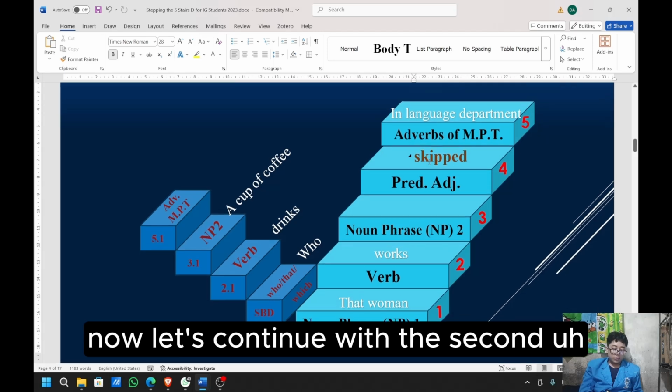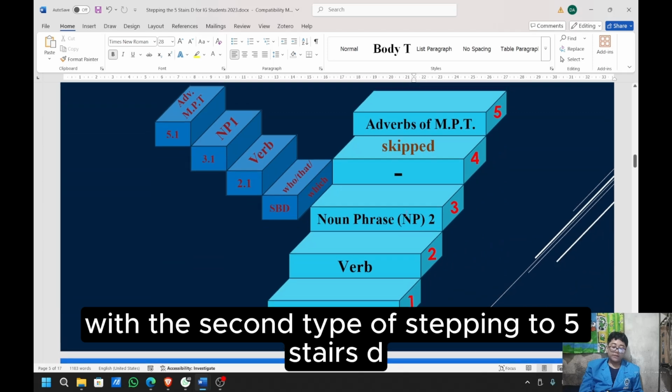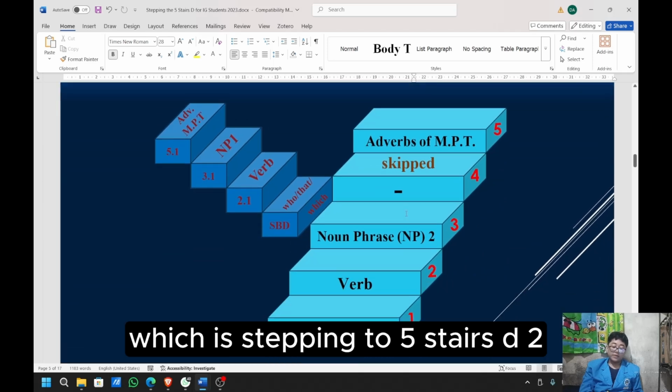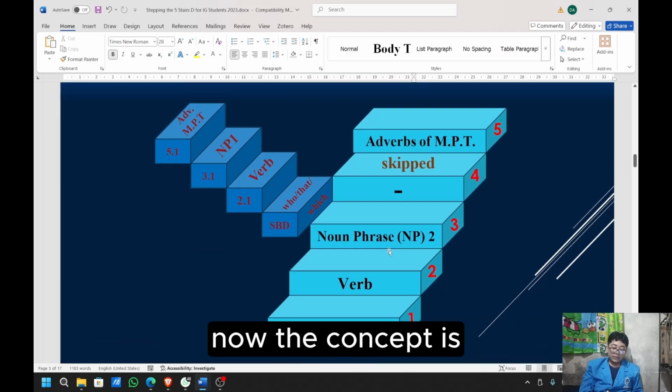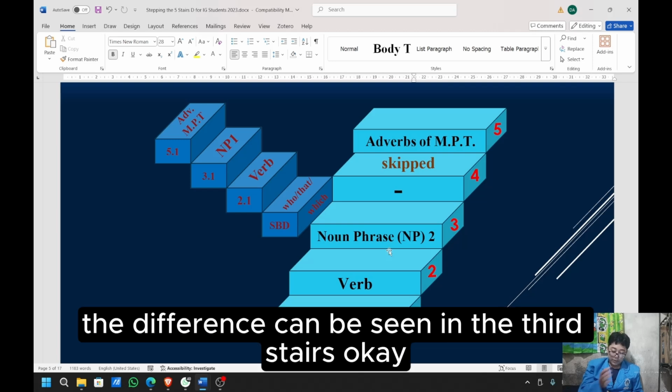Now let's continue with the second type of stepping the five stairs D, which is stepping the five stairs D2. The concept is that it is only used to construct a full verb sentence, but this time the difference can be seen in the third stairs.